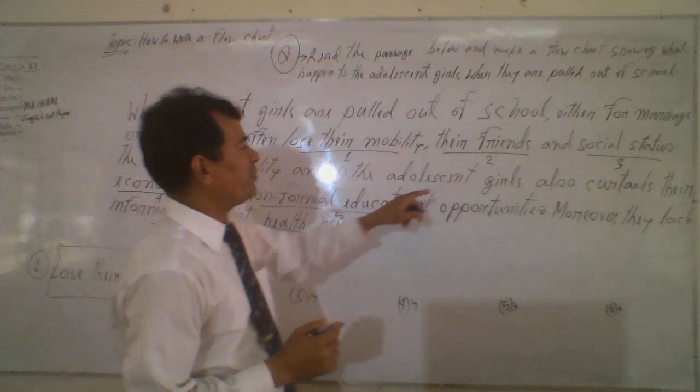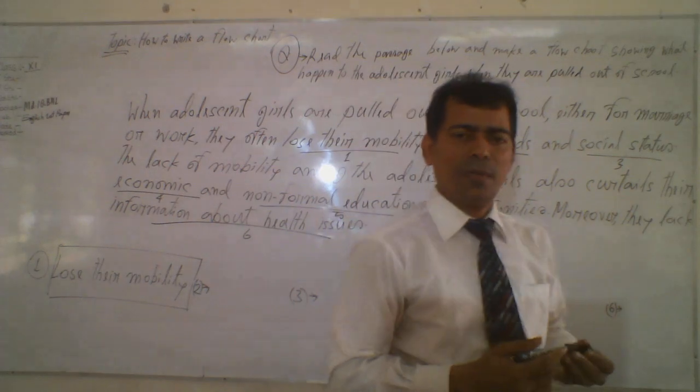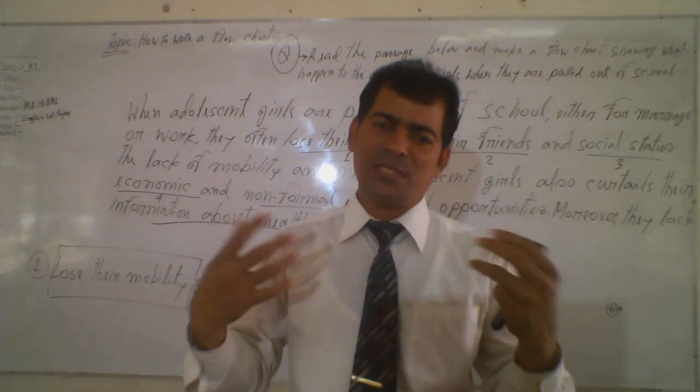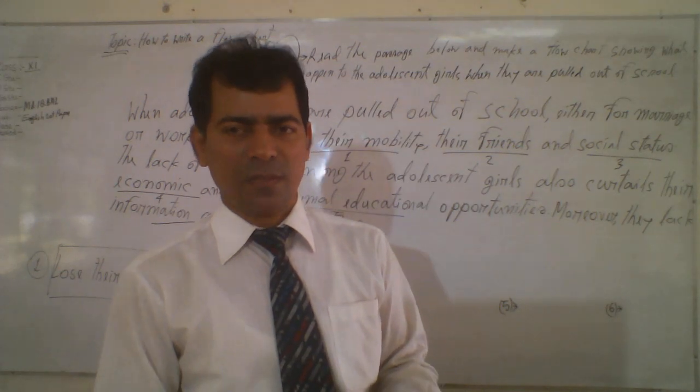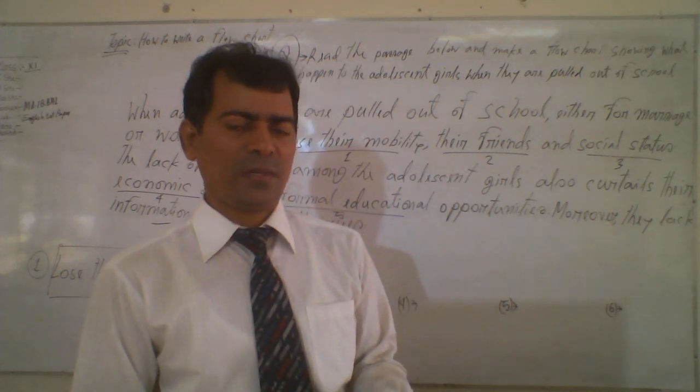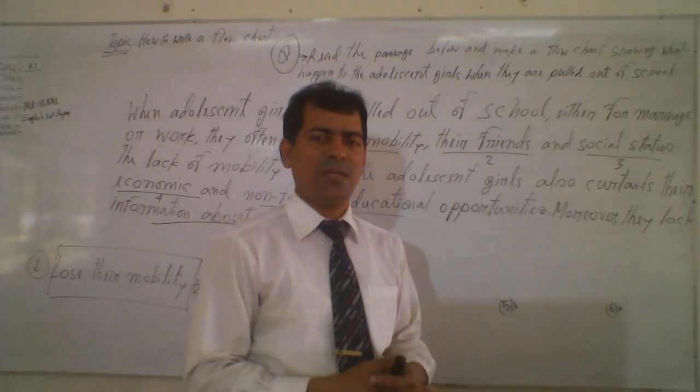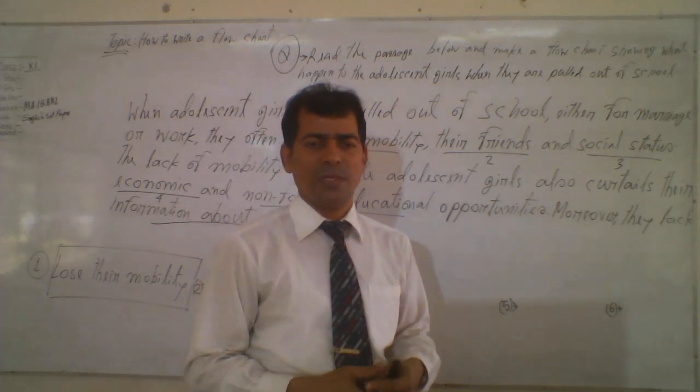So you see here, I have found out 6 pieces of information from the passage about adolescent girls that happens in their life when they are out of school.